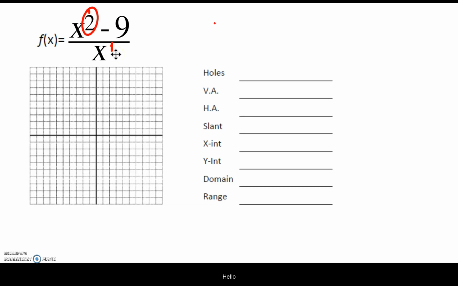So what you're going to do to find that slant asymptote is actually do this division here. I'm going to, over here to the side, divide x into x squared minus 9. And I probably should have put a placeholder there. Let me put that in there. X squared plus 0x minus 9.